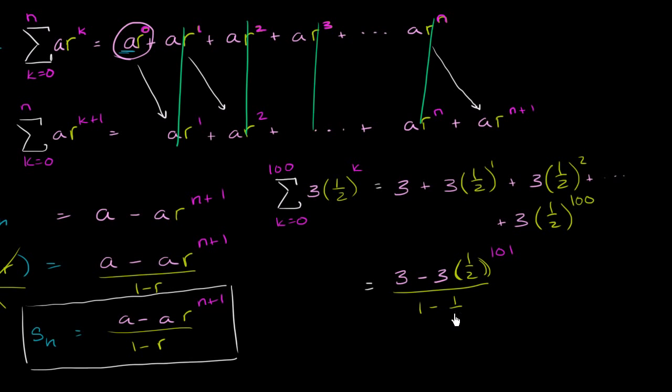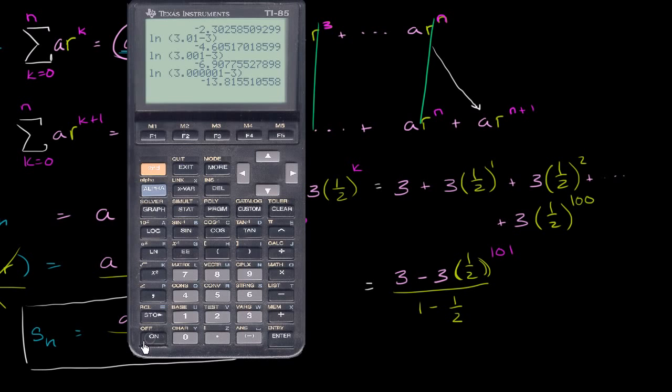1 minus 1 half. And now this is much easier. It would be hard to do in your head, but this is much easier to type into a calculator and actually get a reasonable answer. So let's actually do that, just so it'll feel satisfying.